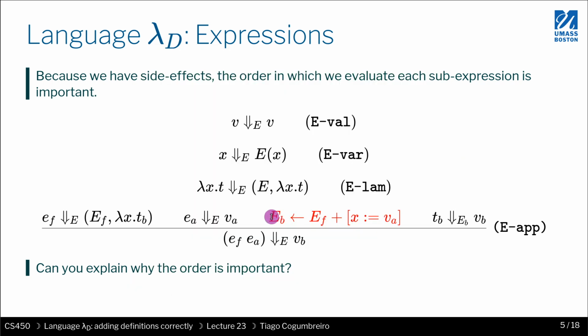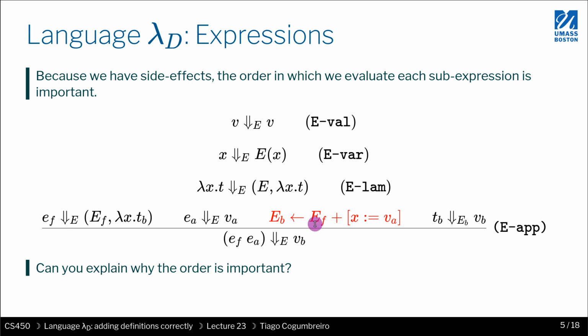So what that means is when we want to call a function, we are going to essentially do substitution. Because we are doing mutability, we have to be very careful, and we have to take E of F, which is the environment of the lambda, and create a new environment.